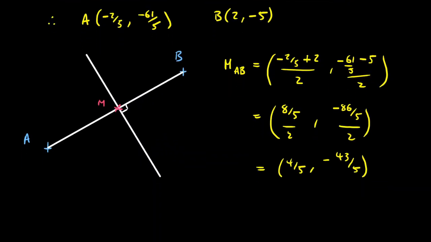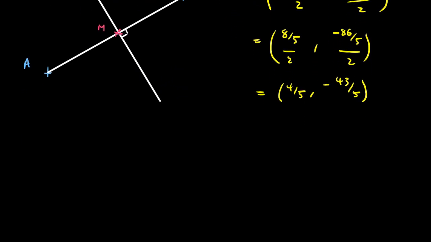Now, having done that, we want to find the gradient of AB next. So how do we find the gradient of a line? Well, let me write down that formula: gradient is equal to y2 minus y1 over x2 minus x1.